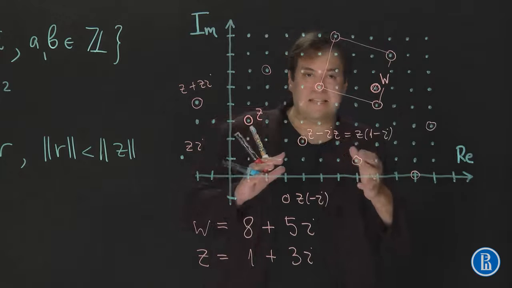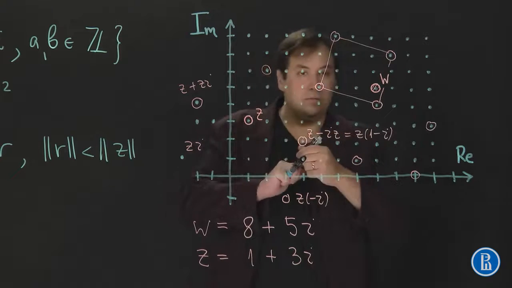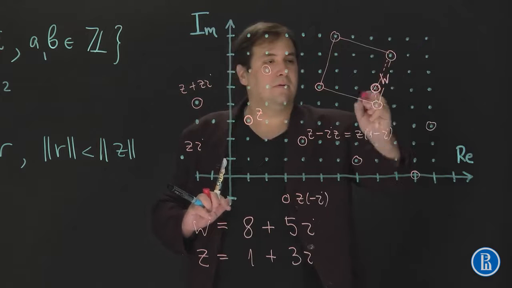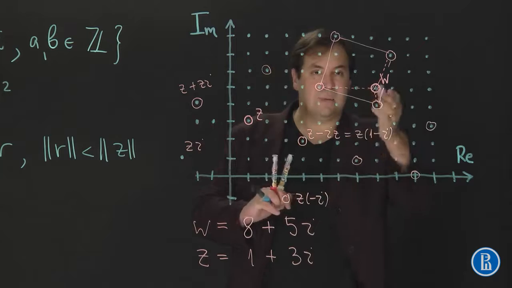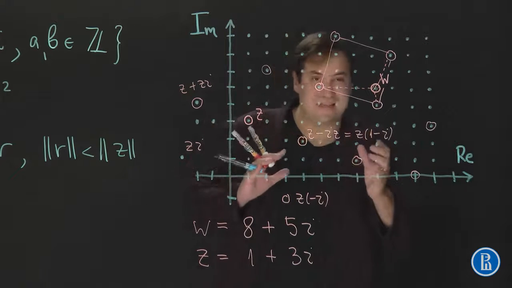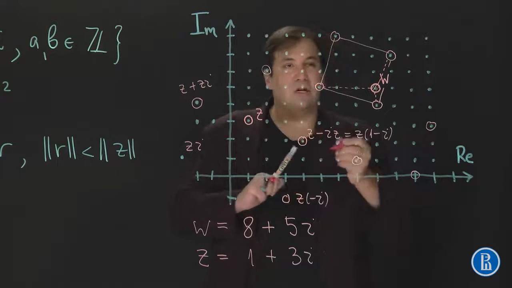And the distance from w to the vertices of this square, some of these distances are smaller than the side of the square. Not all of them.